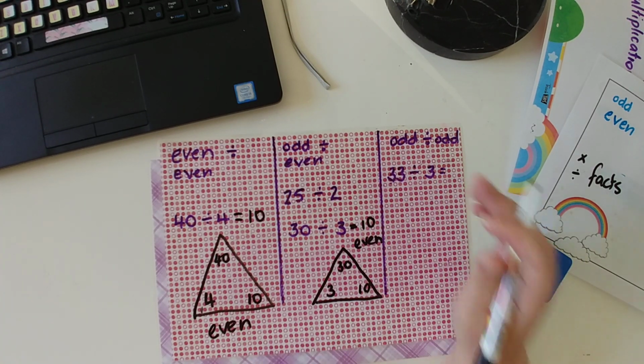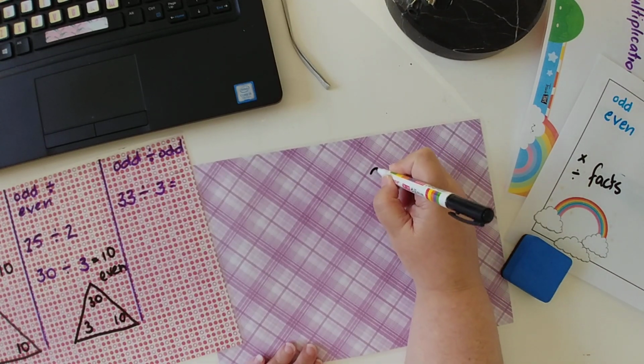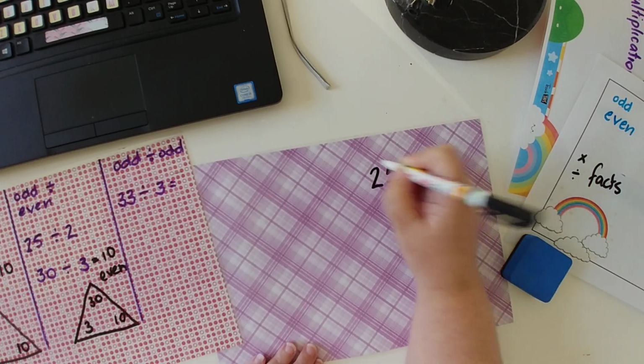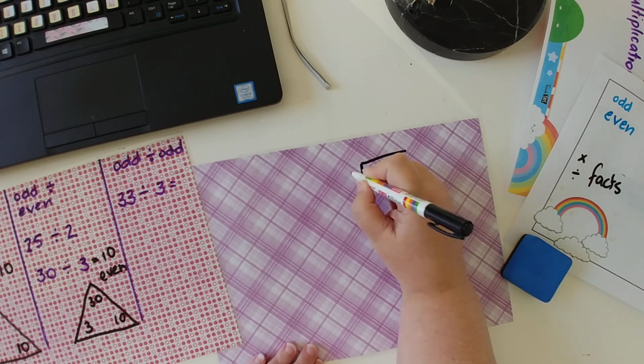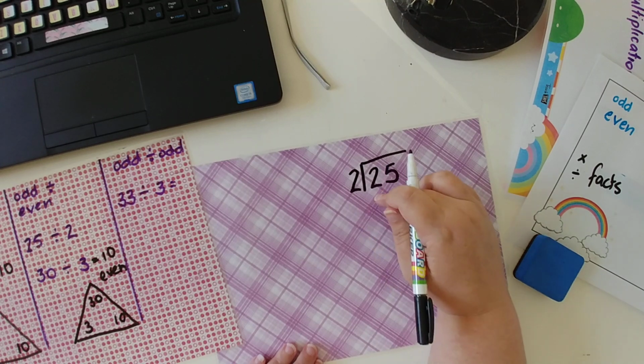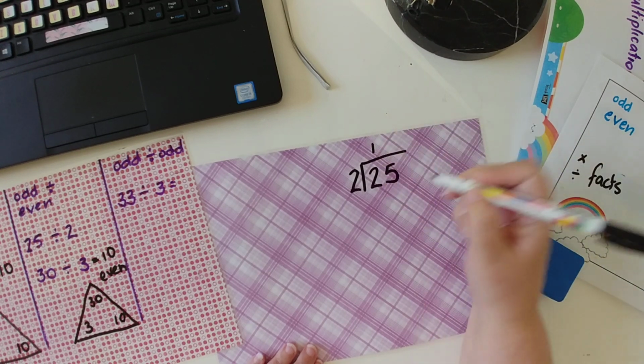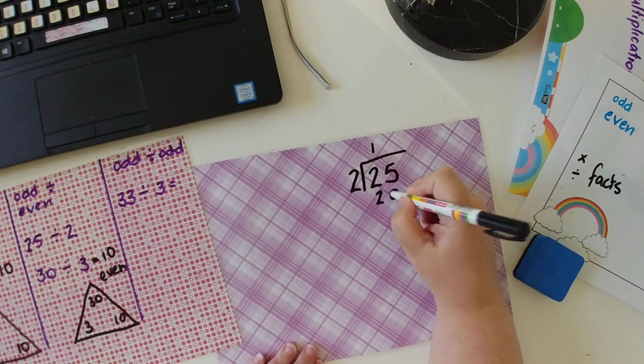If I use a bit of paper and I say 25 divided by 2, I can say, how many times can I divide 20 by 2? I can go once, which gives me 20.